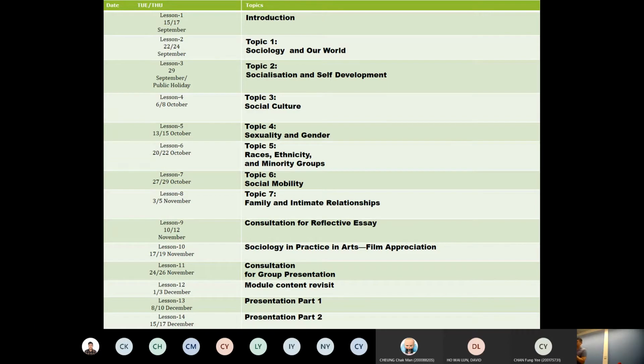Okay, someone informs me that we have a newcomer, so I may have to follow this issue immediately. It seems that I have added you to this tutorial group, so okay.